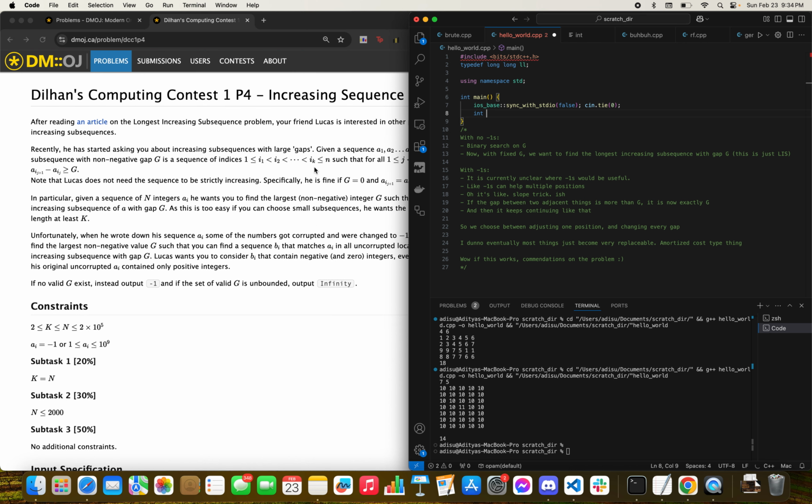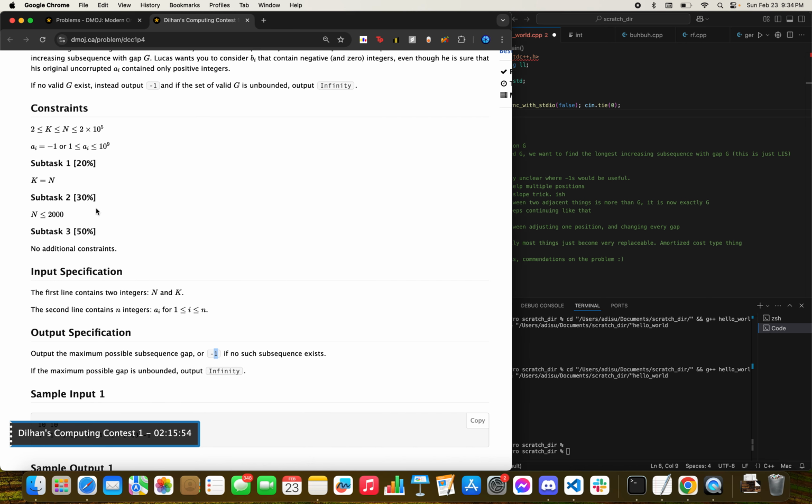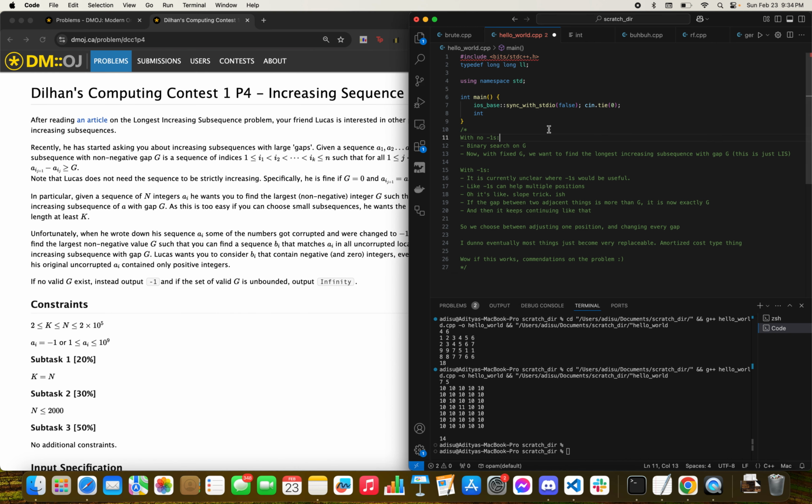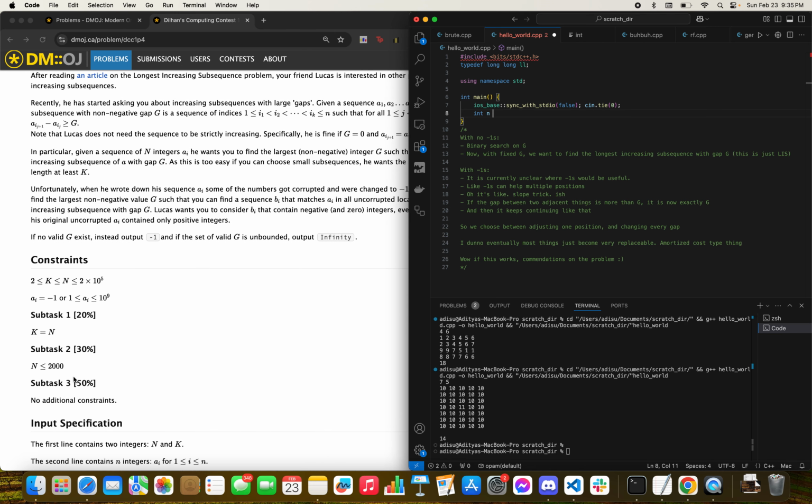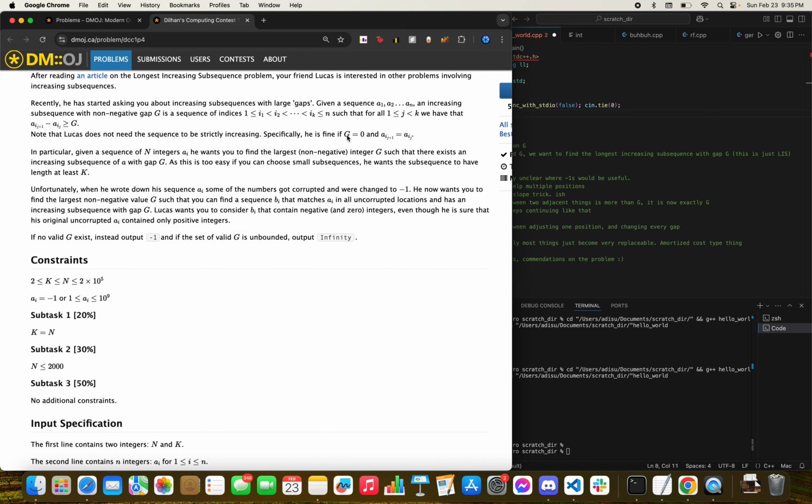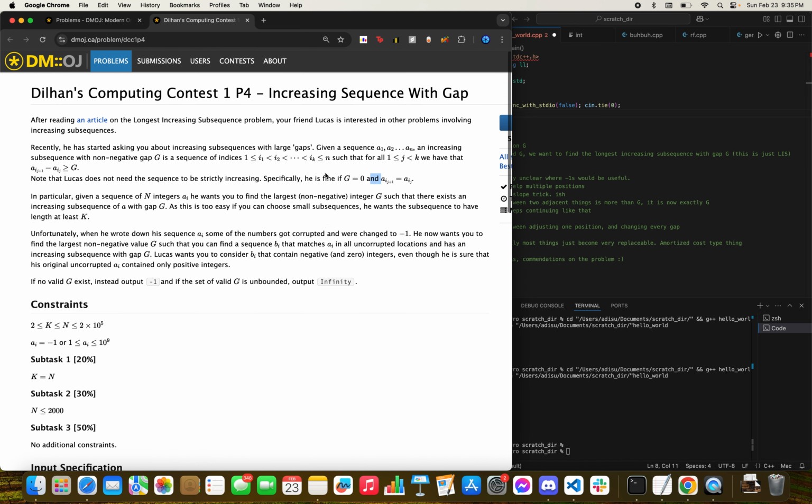Okay, I'm going to implement something. I might even just snag the 50 first. I have a thing that does achieve n log n, but it's funny. Also, this g equals 0 condition is extremely annoying, but it's okay.